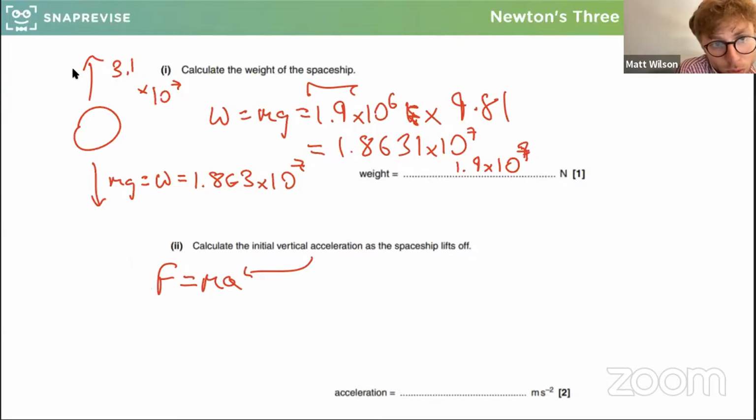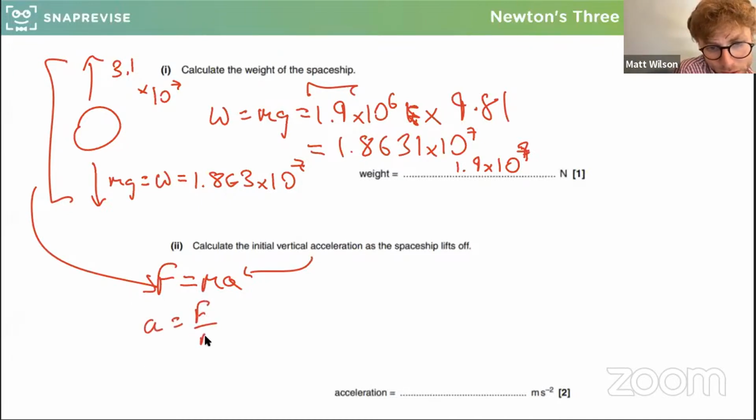But recall what the F has to be. The F has to be the total force. So the acceleration is the force over the mass, but this force should be the total one. Well, the upwards force is bigger, so let's do the upwards force, 3.1 times 10 to the 7, minus the downwards force, 1.8631 times 10 to the 7.